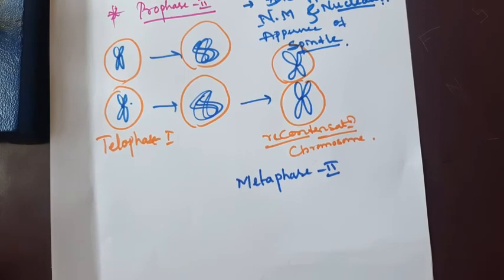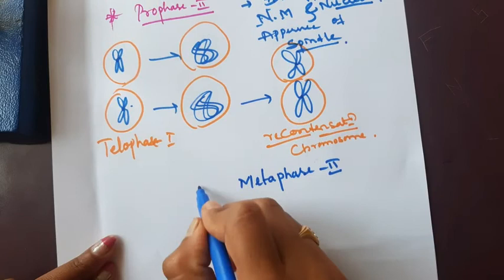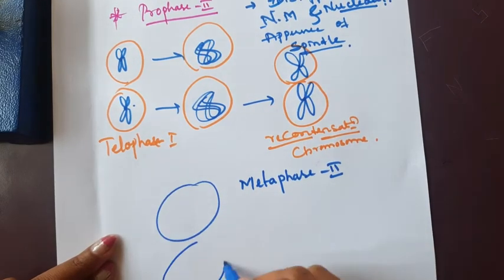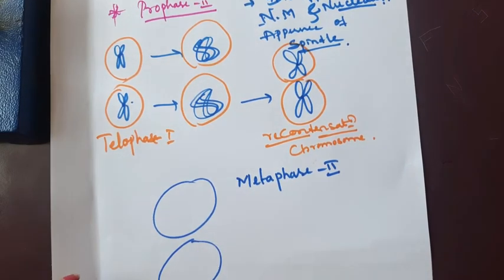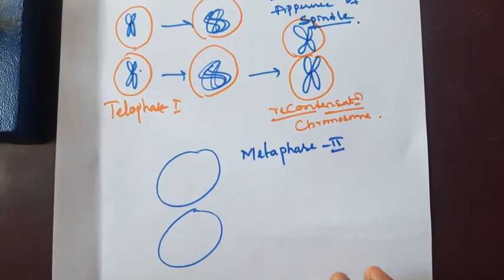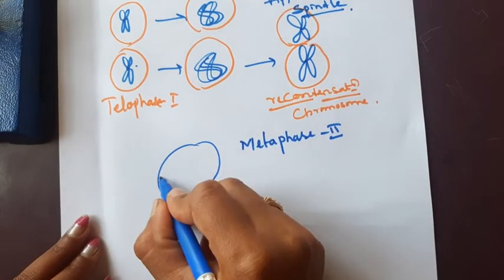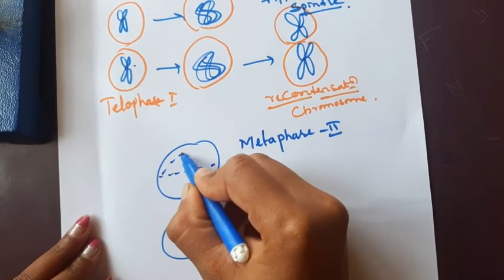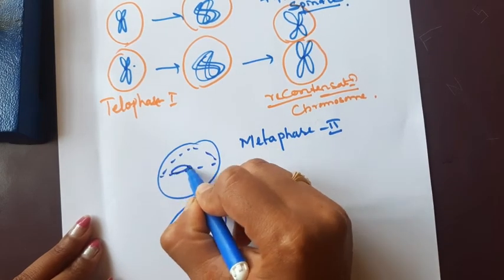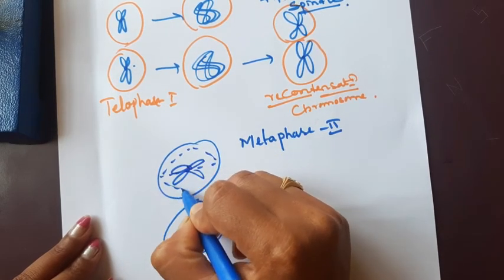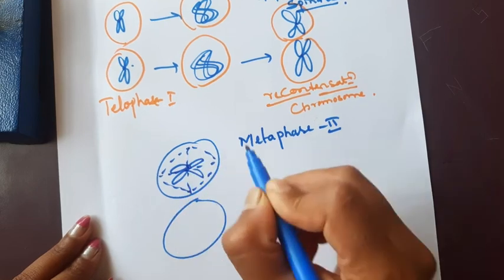Okay. After that, the next step, I will draw the diagram. This is just a rough diagram. With the help of the diagram you can easily understand this. The chromosomes are arranged on the equatorial plane with the help of spindle fibers.